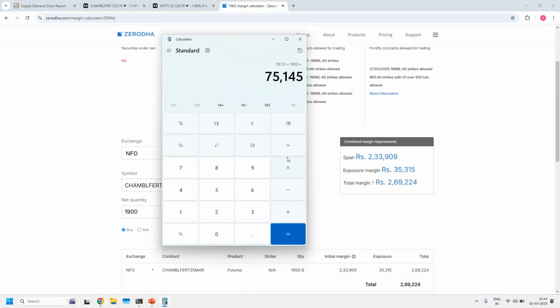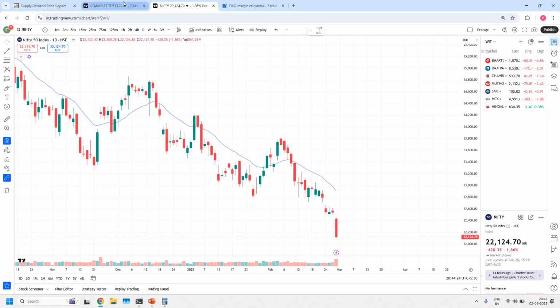75,000. How much ROI would you have got? Multiply by 100 divided by 2,69,000, say 225 rupees. You would have gained 27.9% ROI, close to 28%. That's a round value I am saying. 28% ROI you would have captured.